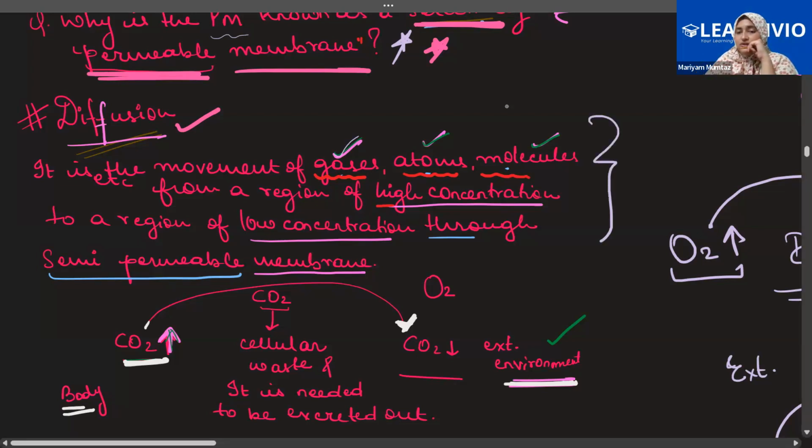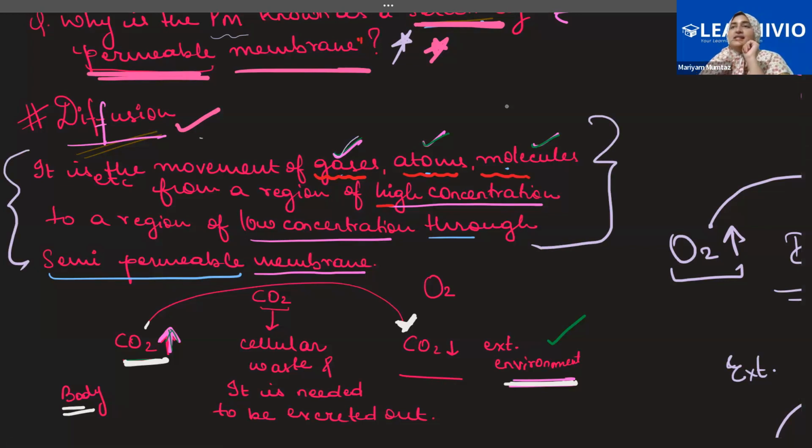Now, see students, this definition is what you people have to learn by heart. That diffusion is the movement of gases, atoms, molecules from a region of high concentration to the region of low concentration through the semi-permeable membrane. That is what we call diffusion.